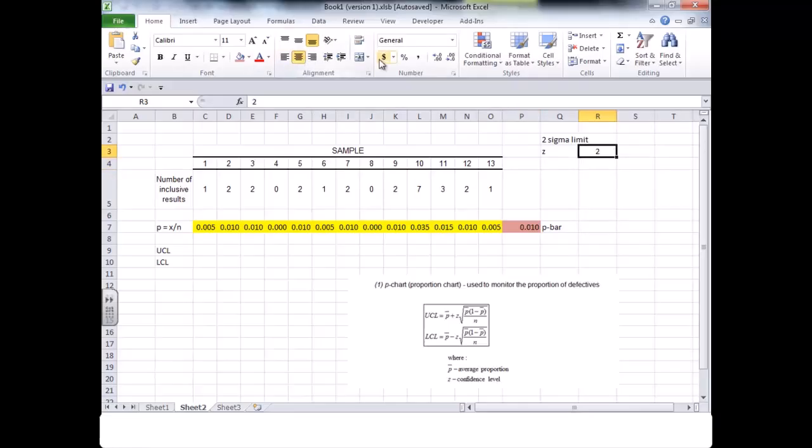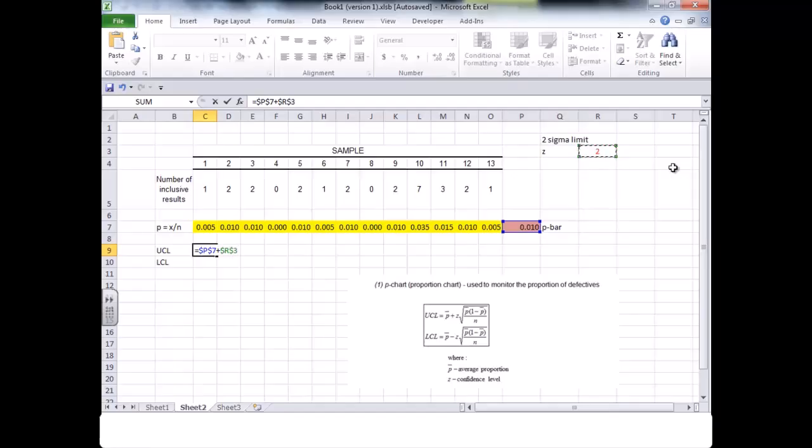And again, the idea is that we can change the sigma, and the control chart will change with it as well. All right. Equals this. Press the F4 key. Plus sigma, which is that.